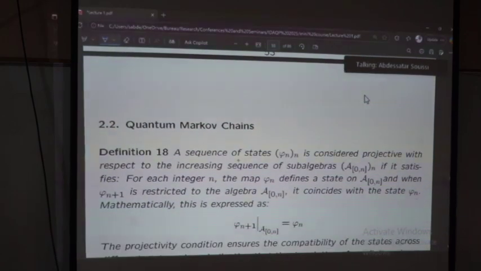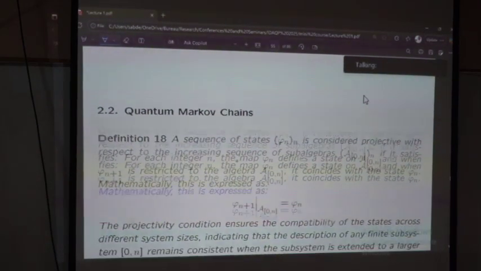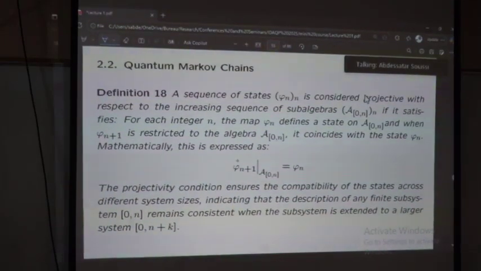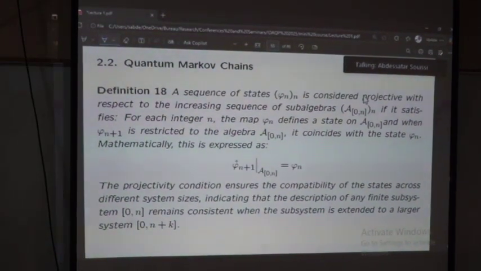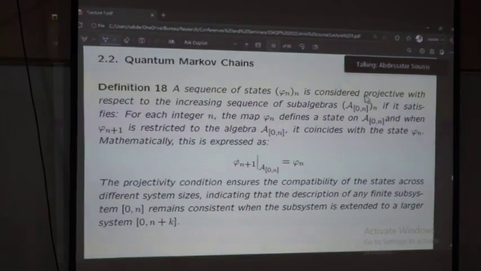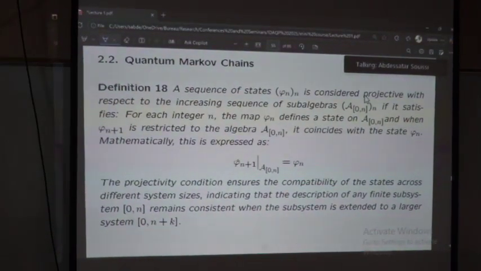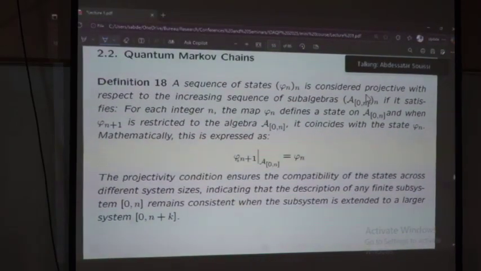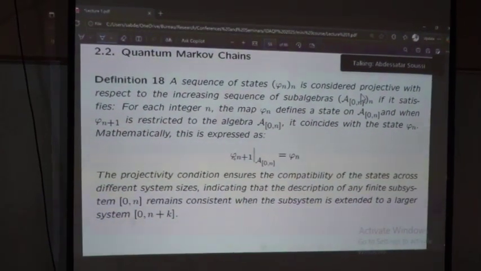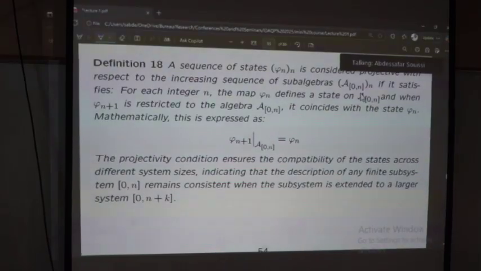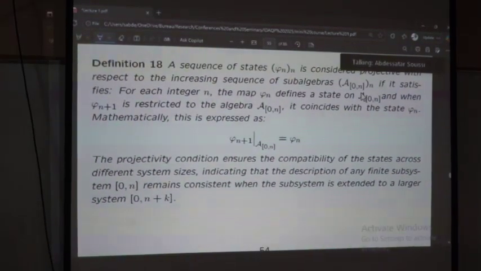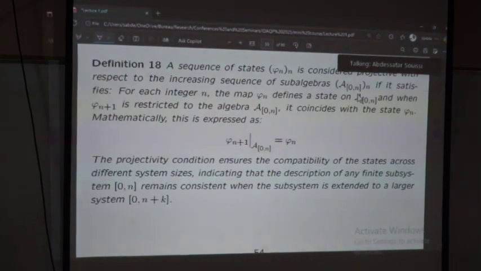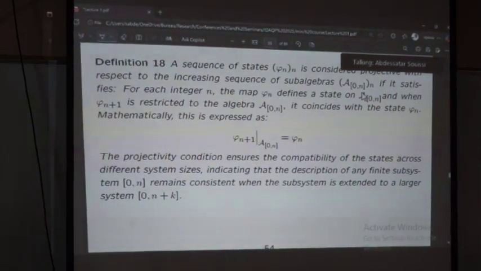Now we are ready to define quantum Markov chains. The sequence of states is said to be predictive, exactly the analog of the notion of a sequence of predictive measures in the sense of the Kolmogorov theorem. The sequence of states over the local algebras is predictive if the restriction of the state phi n plus 1, defined on A0 to n plus 1, to the subalgebra A0 to n is phi n.